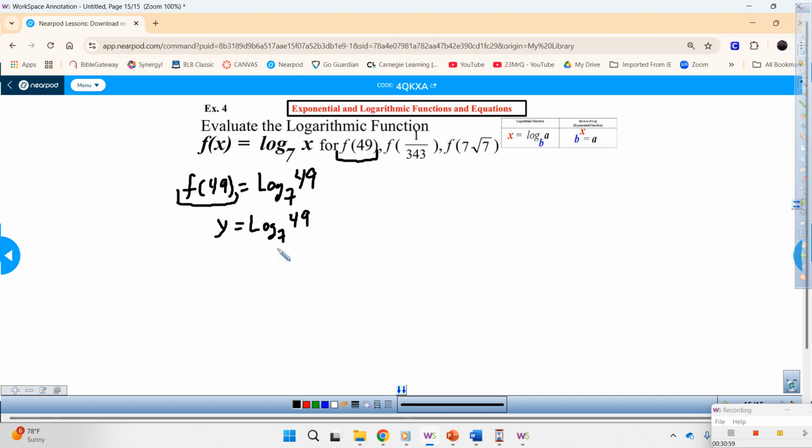Now that we have a log, tell your neighbor how to write this as an exponential. How do you write that as an exponential? All right, tell me what to write, Rachel.